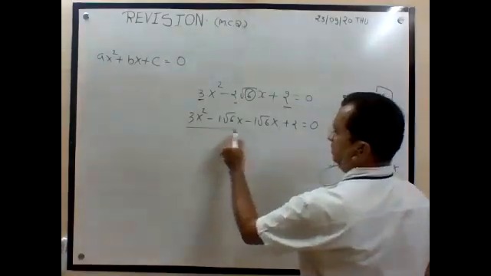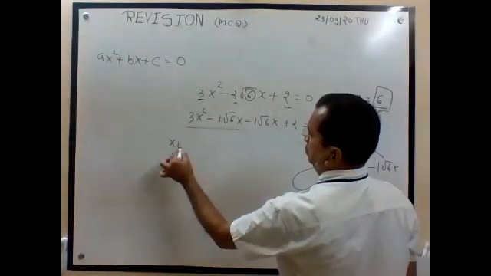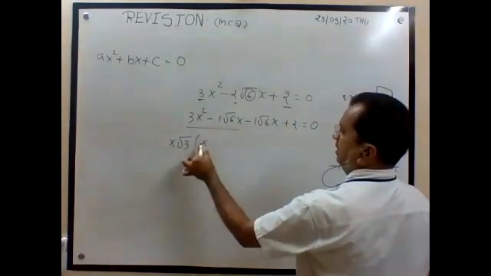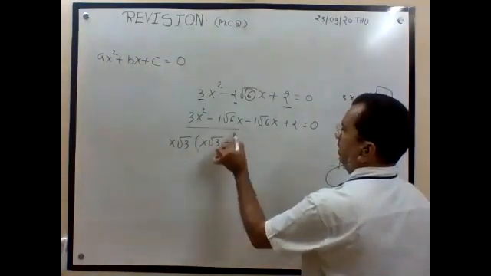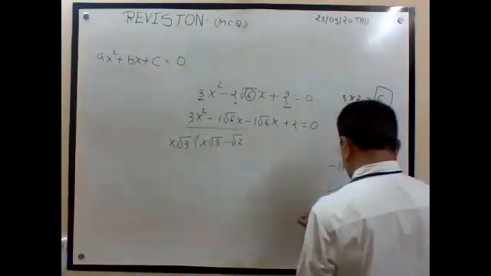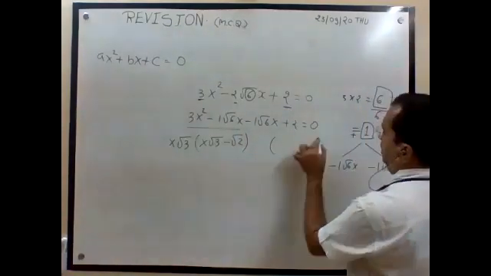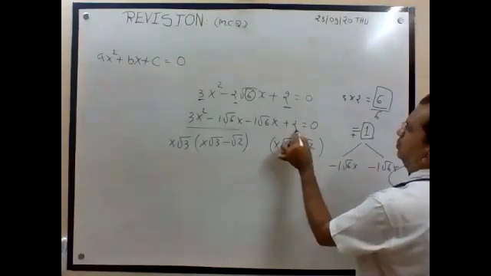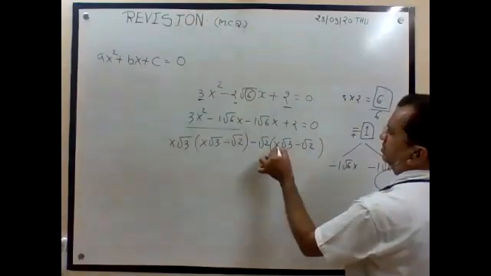From these two, what can you take common? x also, root 3 also. So x out, 1 remains. Root 3 out, so root 3 remains. Minus x gone out, root 2, because root 2 into root 3 is root 6. Same you have to copy: x root 3 minus root 2. Root 2 is there, so root 2 into root 2. This is minus because minus plus minus.